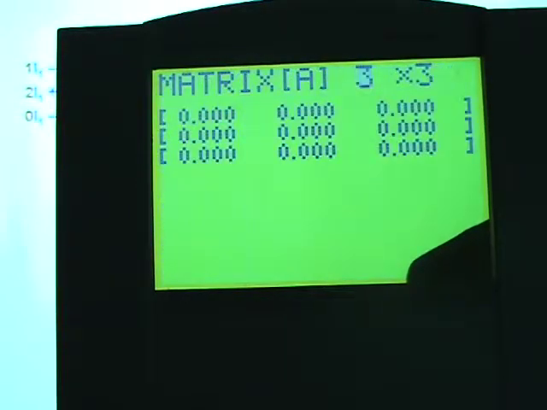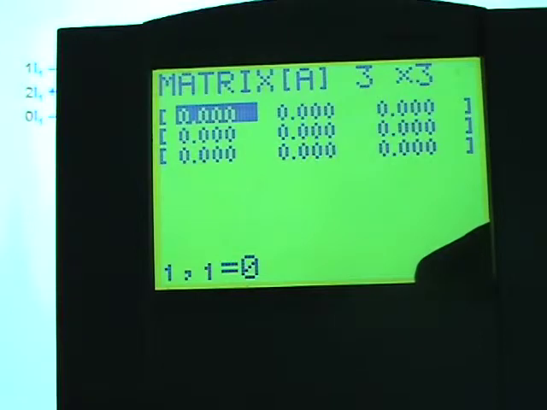So enter, and we're going to construct a 3 by 3 matrix. So type in 3, enter 3. So when you type in 3, enter 3, the calculator constructs a 3 by 3 matrix for you.